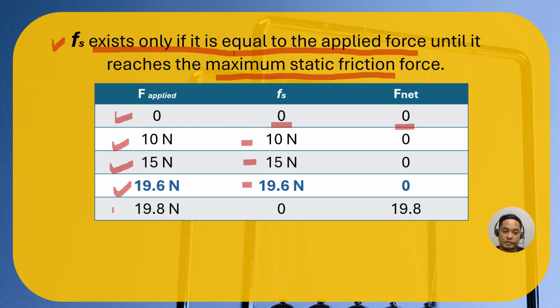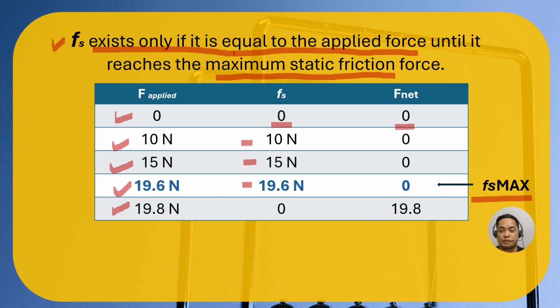But now it's greater than what we call the Fs max, by the way. This is the maximum static friction between two objects, the object and the surface.